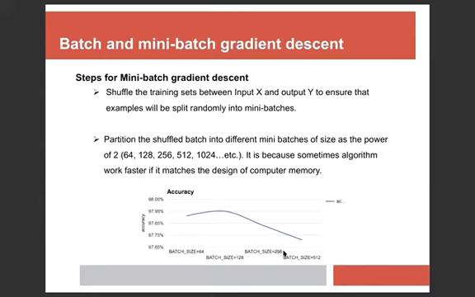Also, as a tip for batch sizes, commonly we will partition the batches as a power of 2, like 64, 128, 256, and so on. This is because the algorithms will work faster if the batch size matches the design of the computer memory.